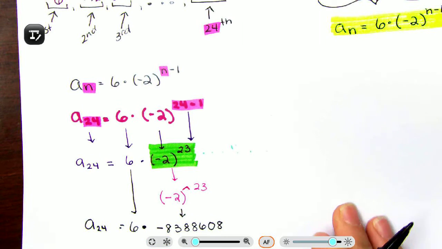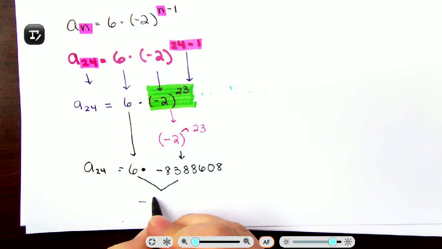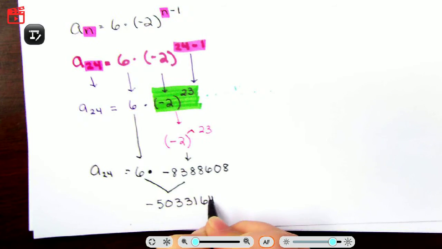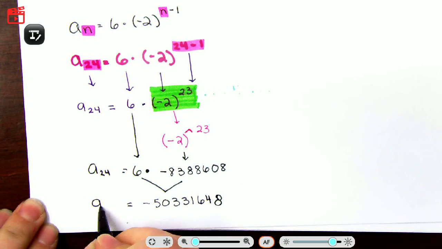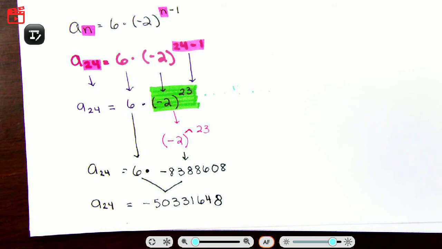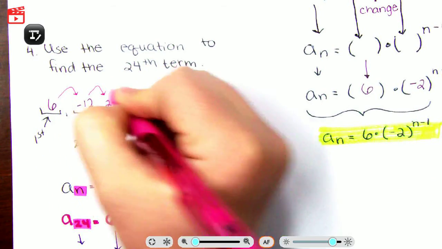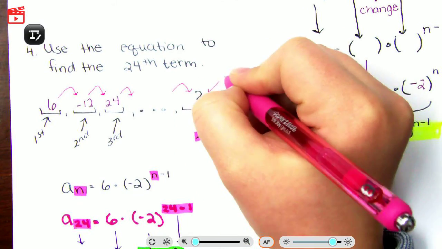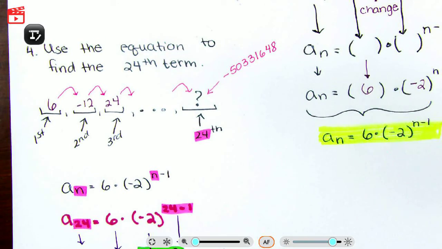So now I'm going to multiply times 6, and I get -5033164 as my answer. So if we continue the pattern, the 24th number will be -5033164. In the 24th position, I have this big number.